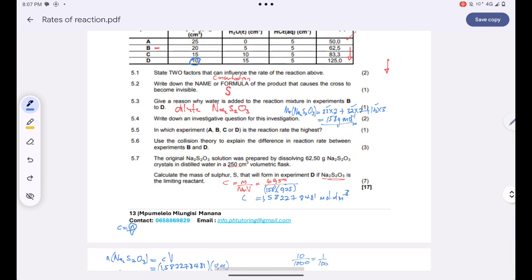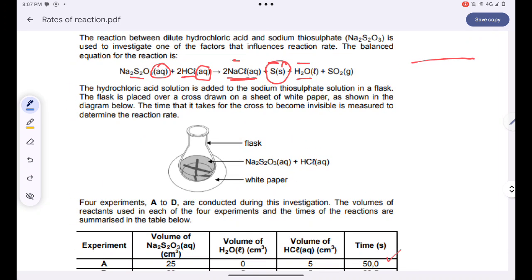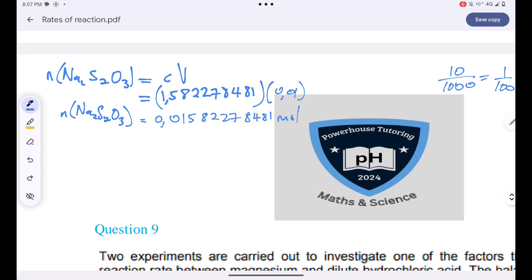But remember that, guys, according to ratio and proportion, the stoichiometric coefficients for both sulfur and sodium thiosulfate are 1:1. So it simply means that for me to form a certain amount of sulfur, I need to use the same amount of sodium thiosulfate, because the ratio is just 1:1.